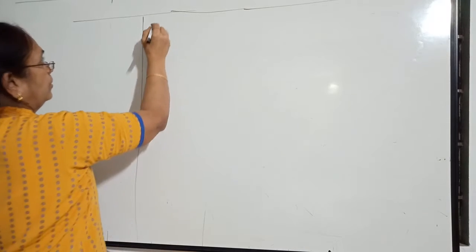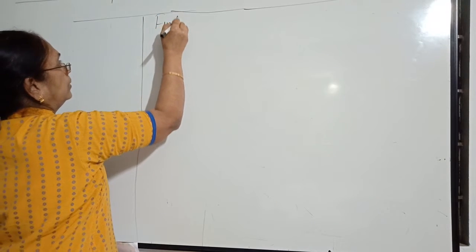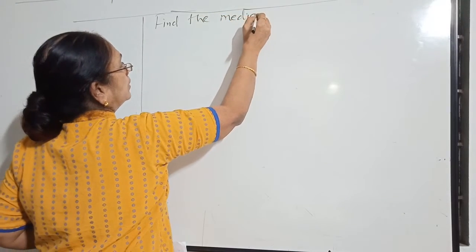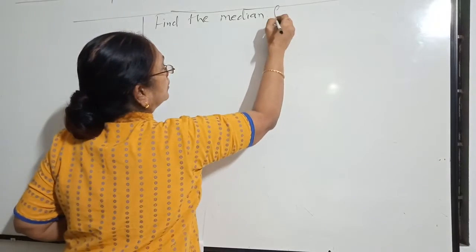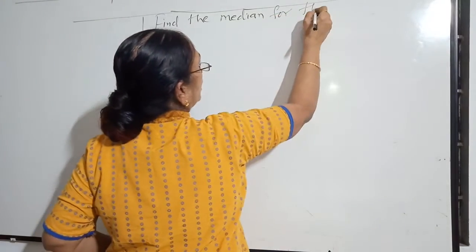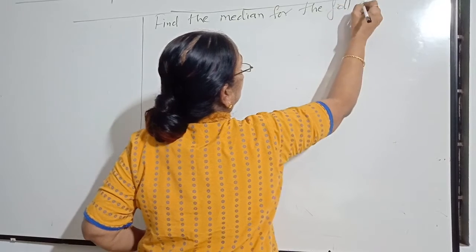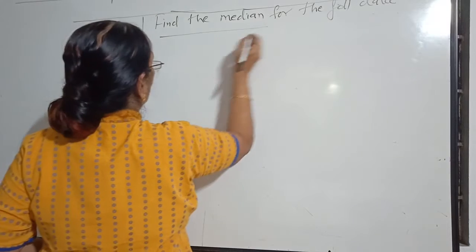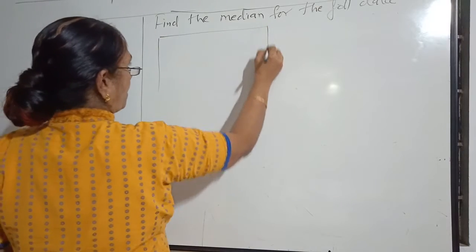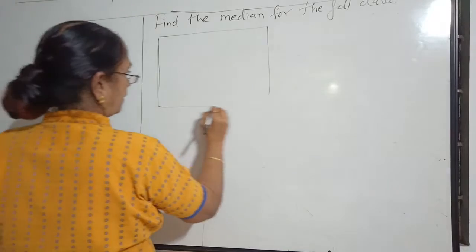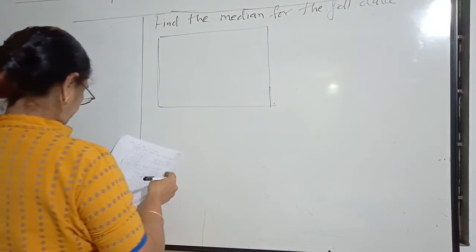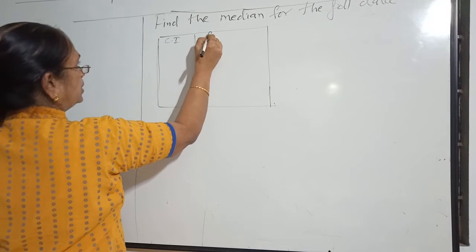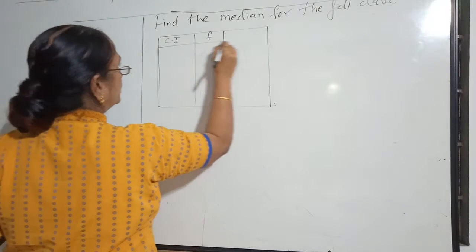So now, find the median for the following data. Take the sum as CF and frequency.